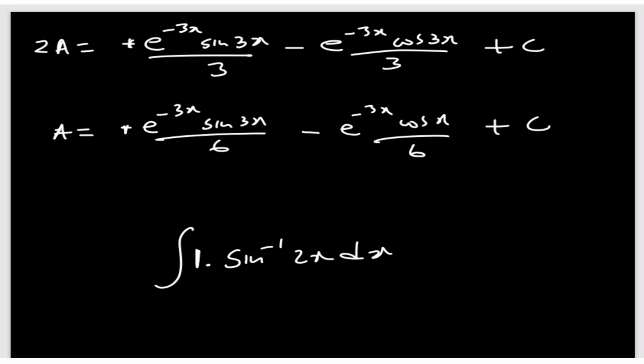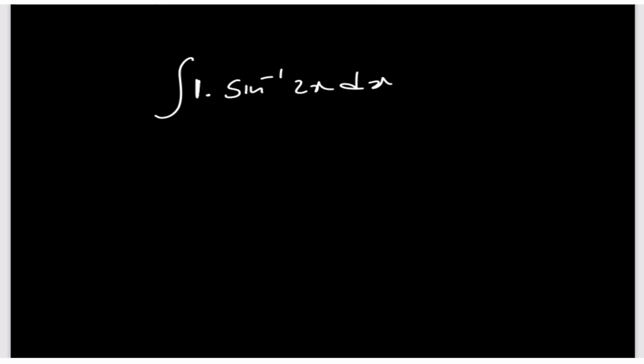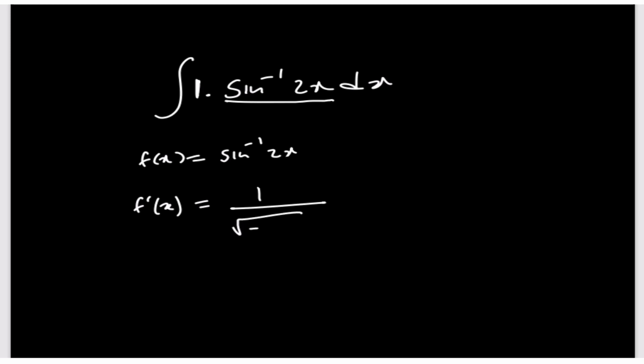The reason we are doing it like this is because we know this doesn't have an integral from the formula sheet, but it has a derivative, so we take it as this because we know it has a derivative, and we know the derivative of arc sine is 1 over square root of 1 minus 2x all squared, which is 4x squared, times 2.